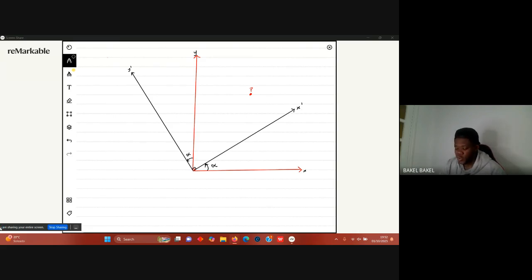Now, what happens when you rotate? You see this point? Remember, I said the points would now be different for each of the frames, because the way you see it will be different from the way your friend sees it. So let's see what those points really are. If we trace this, let's start from the red.